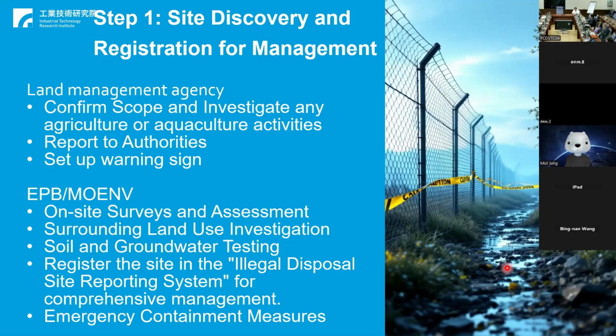If there is a farm or a fishing pond, the land management agency has to report to the EPB, and the EPB or the Minister of Environment will ask the Minister of Agriculture to join this group to know how to deal with the following procedure.